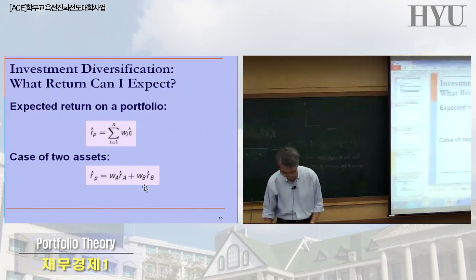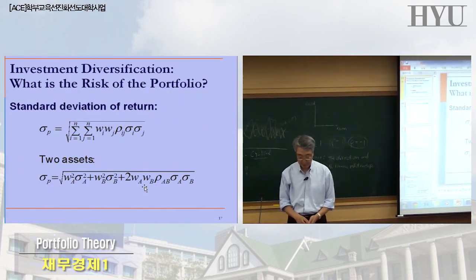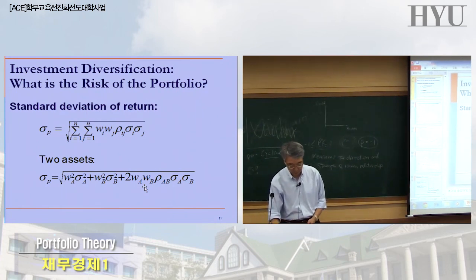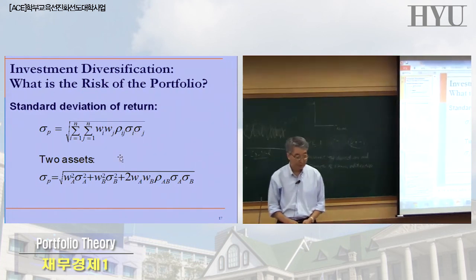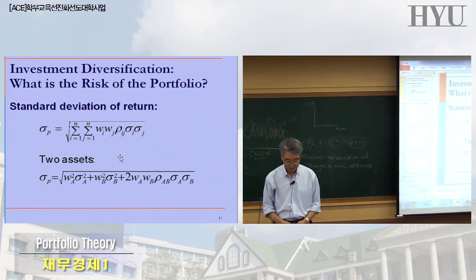In the case of standard deviation, we have this formula. The general formula is a little bit complicated: a double summation of Wi, Wj, rho ij, sigma i, sigma j. If you look at the two-asset case, you can understand.